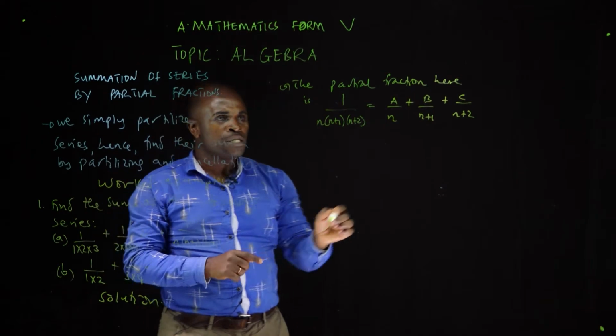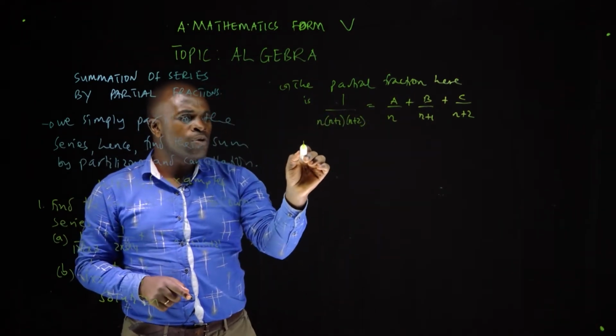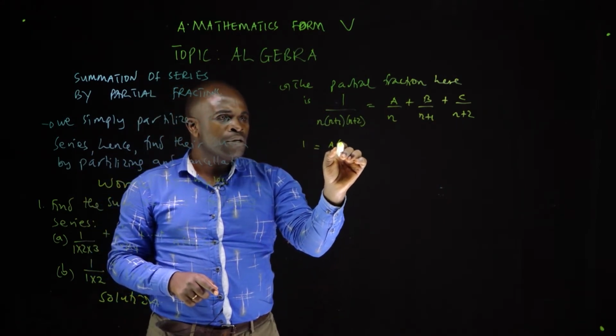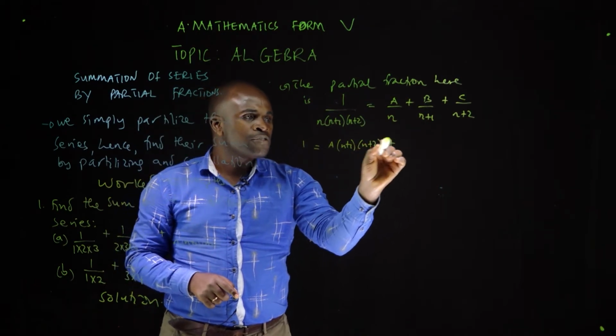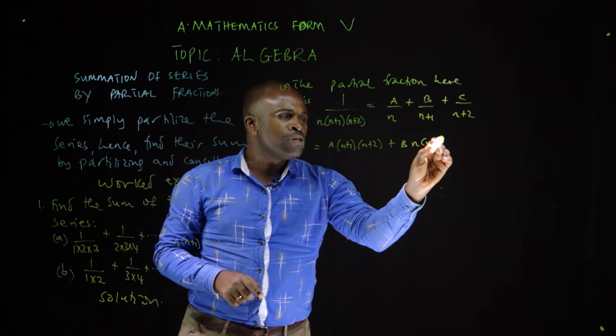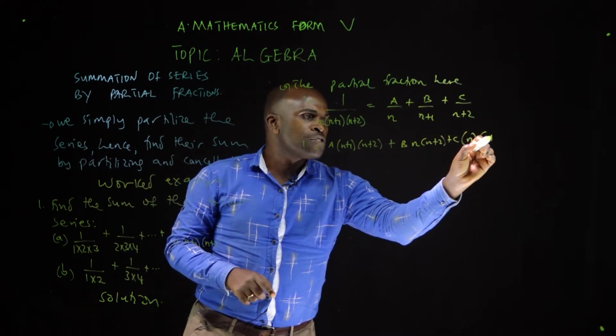Performing partial fraction, multiplying both sides, it will give us 1 equals a times (n plus 1)(n plus 2), plus b times n(n plus 2), and here we have c times n(n plus 1).